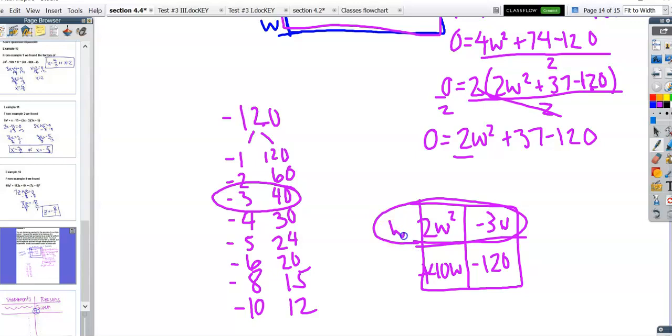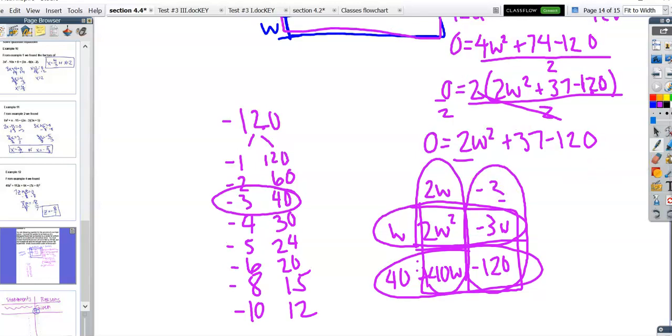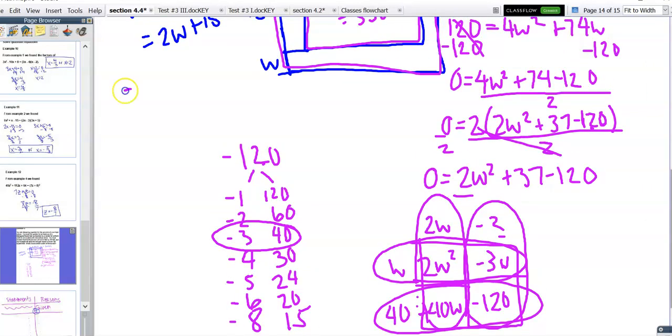Factor the greatest common factor out between each row and column. And then we get the two terms. I'll go up here, 2w minus 3 times w plus 40. And then we need to solve for w.